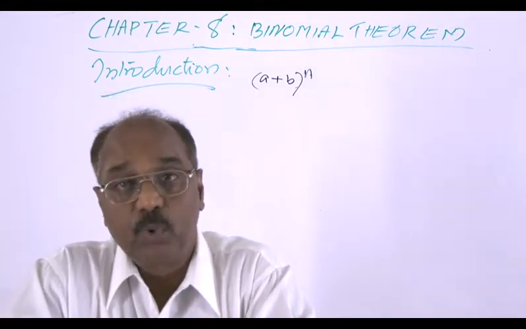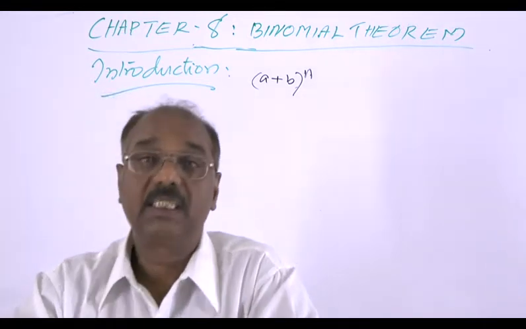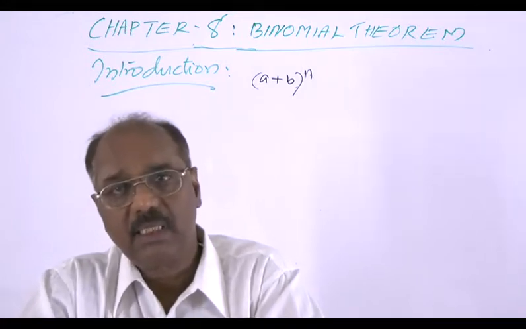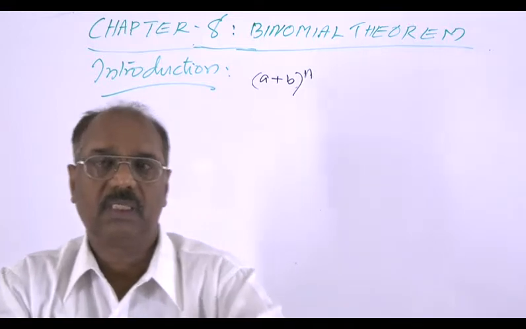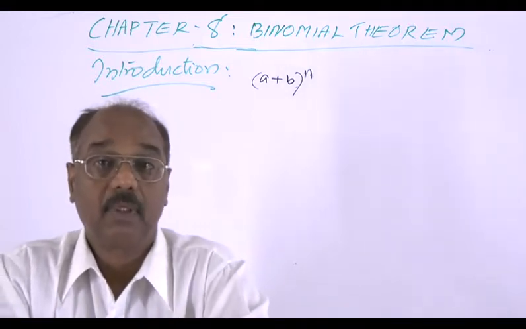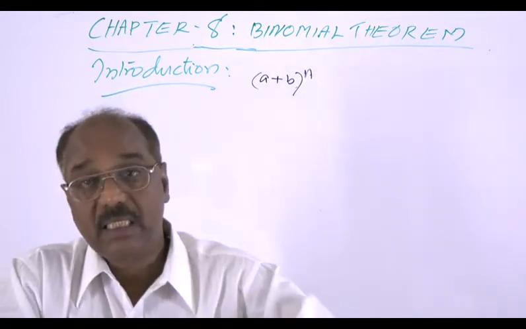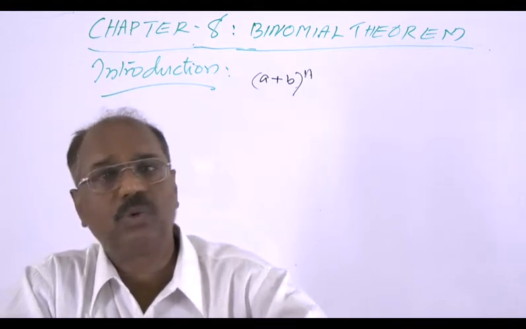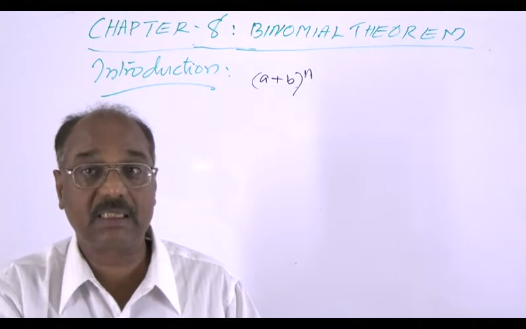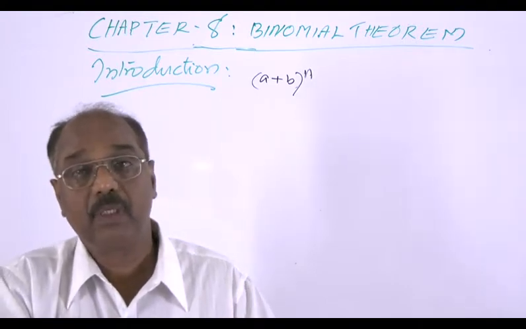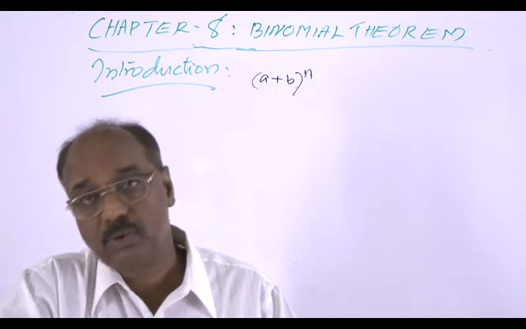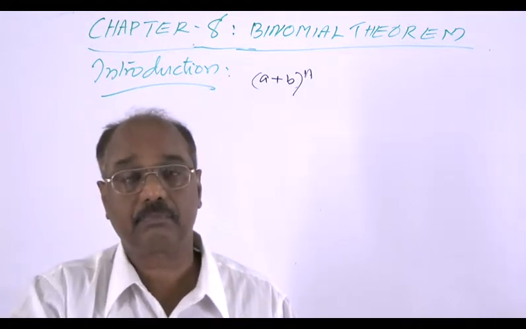And then we prove the result is true for the next higher value k plus 1, thereby establishing the proof, the theorem, the result. Now we can consider the first 2, 3 or 4 expansions, that is when n equal to 0, 1, 2, 3.